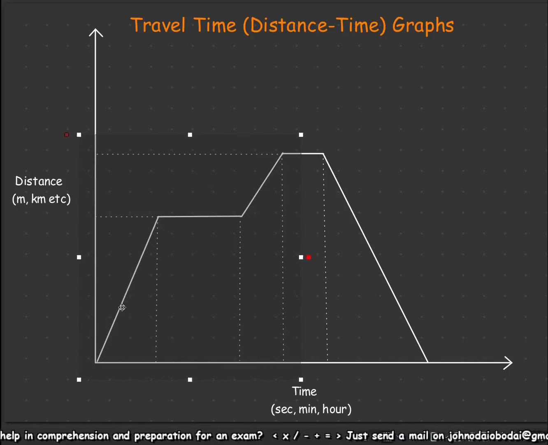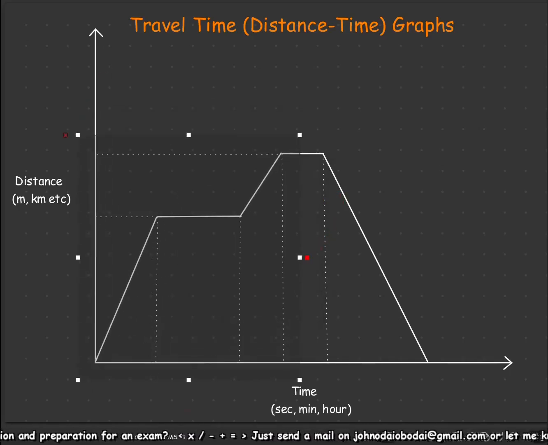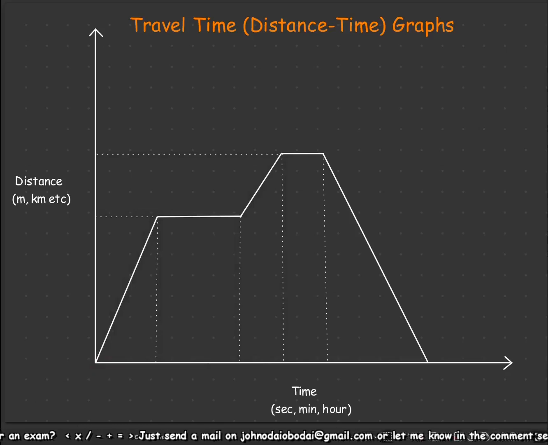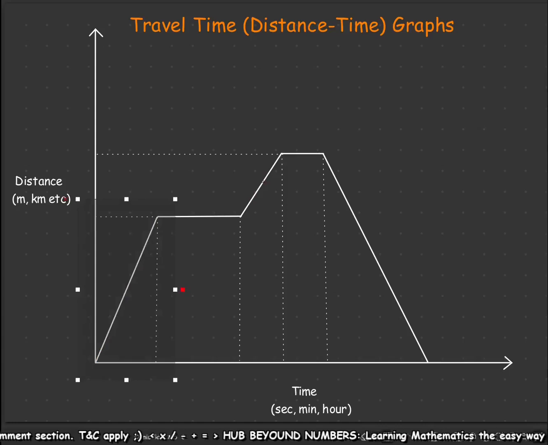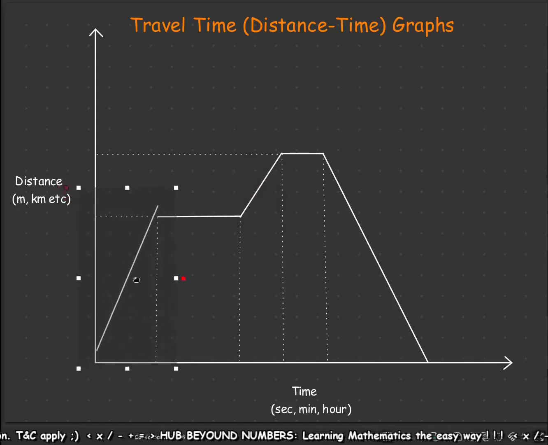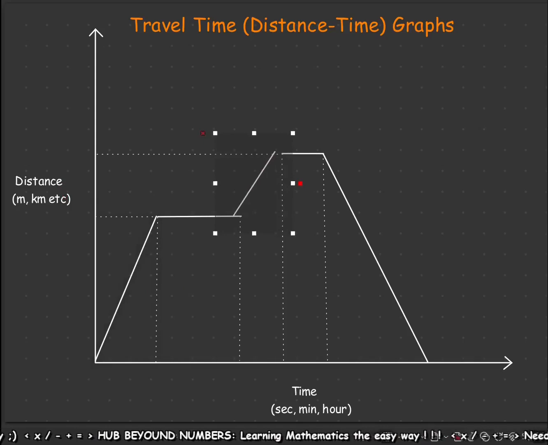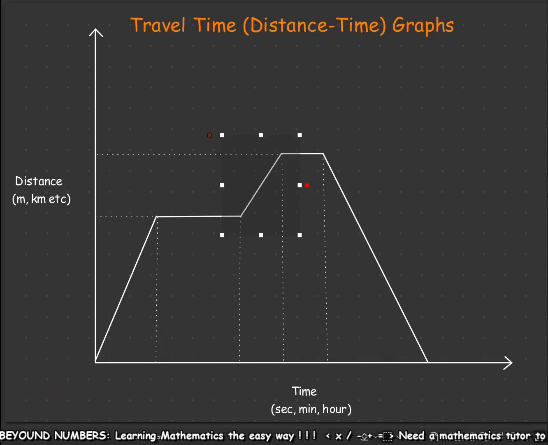So if let's say this point here is my initial position, then this straight line upwards is trying to say you are moving at a constant speed from this point. You get it? So moving at a constant speed from your initial point. That is what these lines here, this one here, and then this one, they are all talking of what? Constant speed upwards from your initial point.